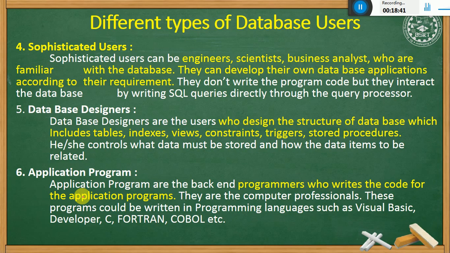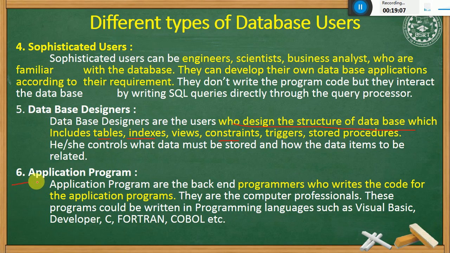A database design engineer is a technical user who knows the basic physical structure of the database. He knows the schema, tables, index, view, constraint, trigger, and stored procedure. He knows all the basic things, so he can design a database as per the requirement.